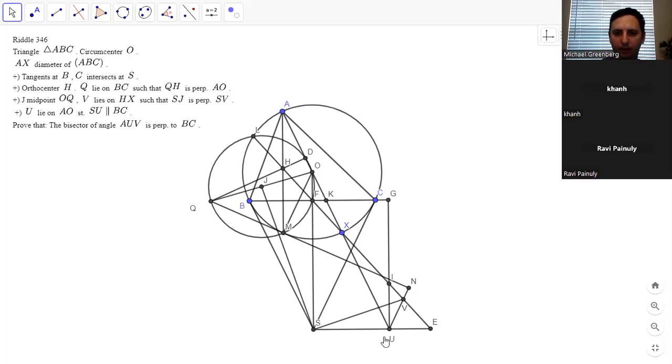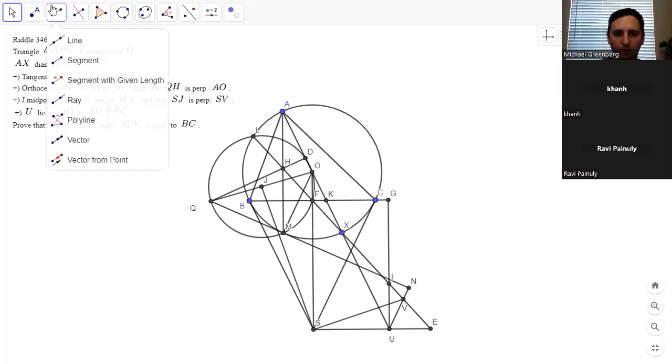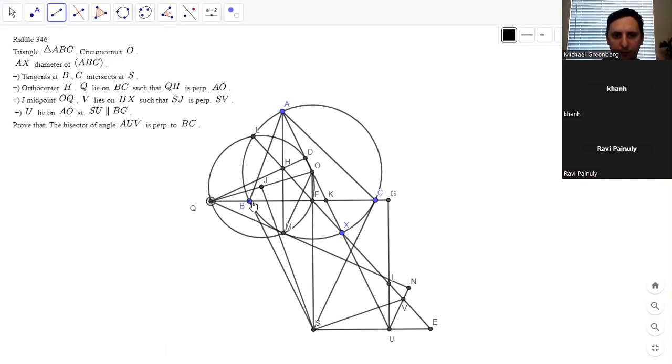And if we could show that QN is perpendicular to UV, then we also know already, let me draw, that QG is perpendicular to UG.